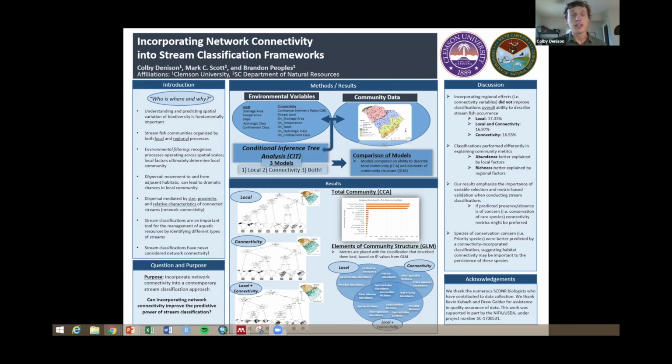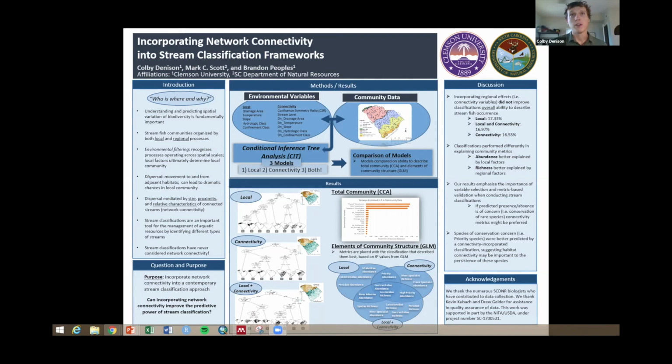So to give some background, as ecologists, we often find ourselves asking this question: who is where and why? This is kind of the fundamental goal of ecology as a whole, and it kind of goes without saying that understanding and predicting the spatial variation of biodiversity is really important, no matter what field of study that you're in.